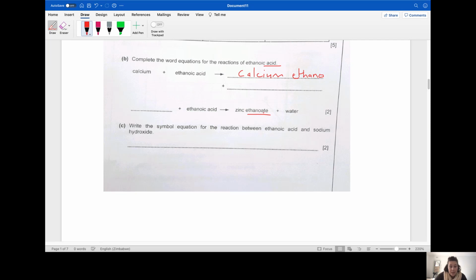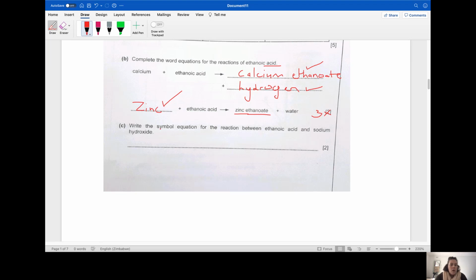You had to read the question, plus it's here. Okay, so you'll get calcium ethanoate, and if it's a metal and an acid, you get salt and hydrogen. Okay, now we changed this question to be out of 3 marks. So you got 1 for calcium ethanoate, 1 for hydrogen. Here, all you had to do was figure out what metal you were using, and you were using zinc. Okay, and you got another mark for zinc. So that was out of a total of 3, not 2.